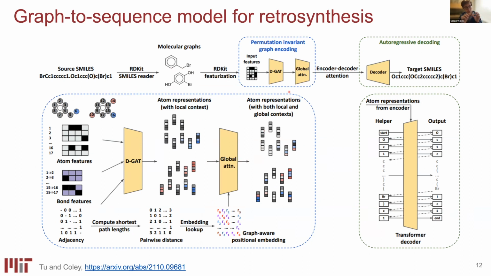But then we switch halfway through to a sequence decoder. So we use a transformer style attention to encode the graph and decode to a string, to a sequence. So we decode into the SMILES representation of molecules, the SMILES that would describe the reactants in this case. And so we can benefit from the strengths of these two different types of neural architectures by stitching them together and having them do this translation task for us, right? Do this process of retrosynthesis for us.